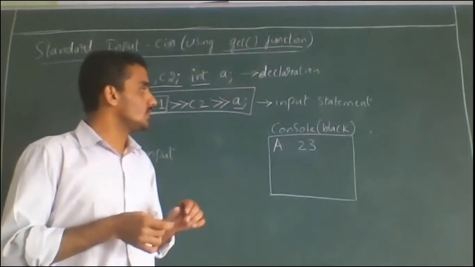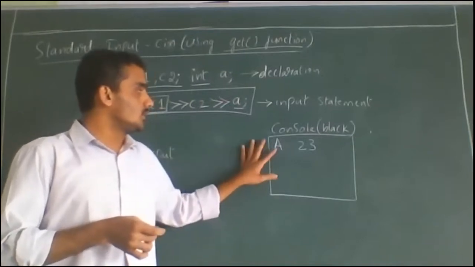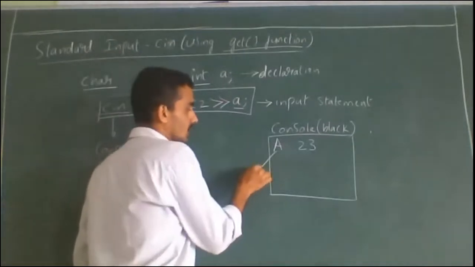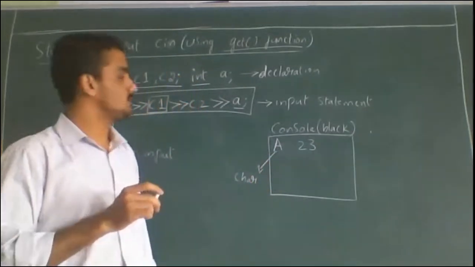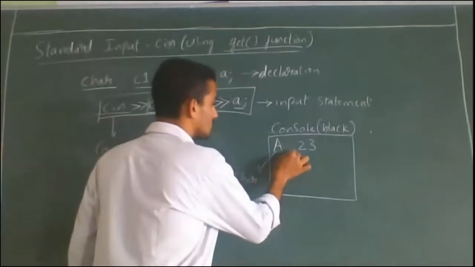Now look here. We can consider this letter A as a character because only one character I have typed. Even this blank space is also one character.